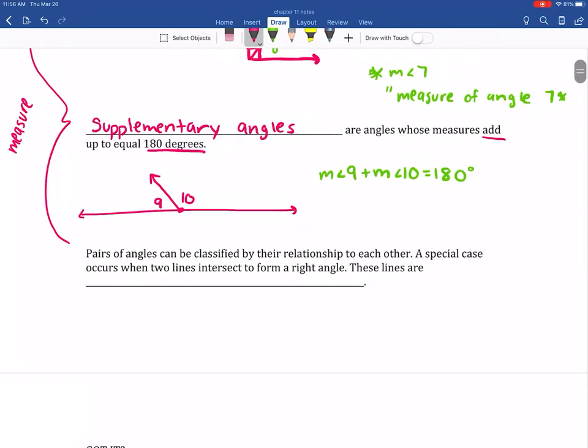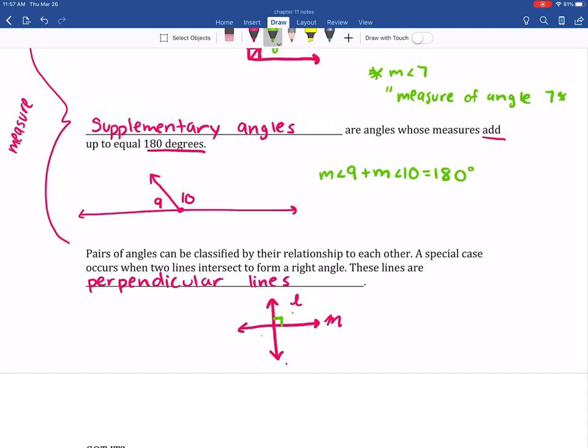Pairs of angles can be classified by their relationship to each other. A special case occurs when two lines intersect to form right angles. We call these lines perpendicular lines. So if I have two lines, again, maybe we'll call it line L and line M, and they form a right angle, well, I know that they're all going to be right angles because vertical angles are going to be congruent.